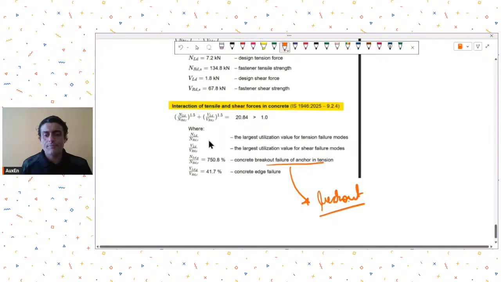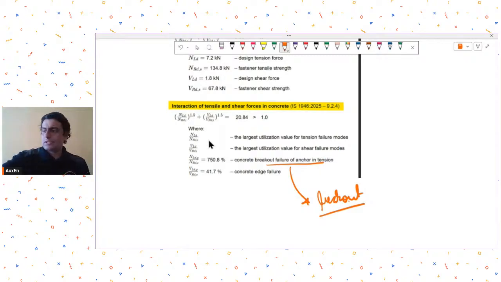Now if you refer to chapter 17 of ACI 318, I'll just open it. That is also a code, a chapter which covers in detail the anchors and the different actions that you have to consider for anchor design.